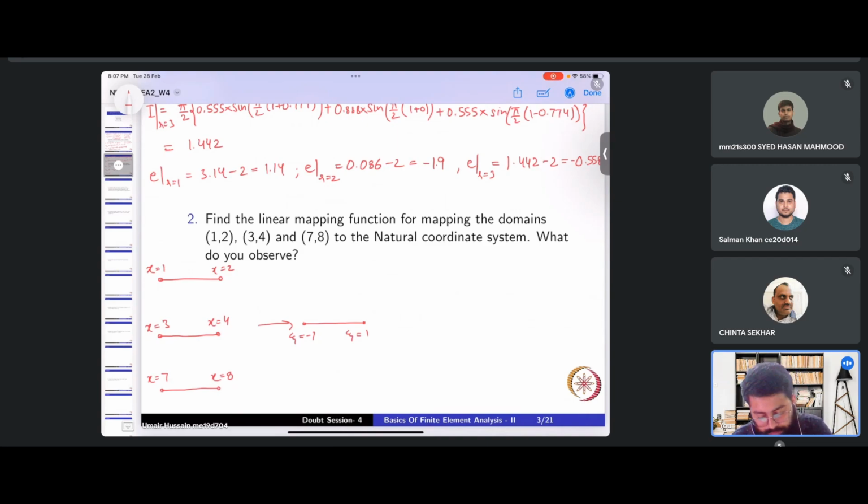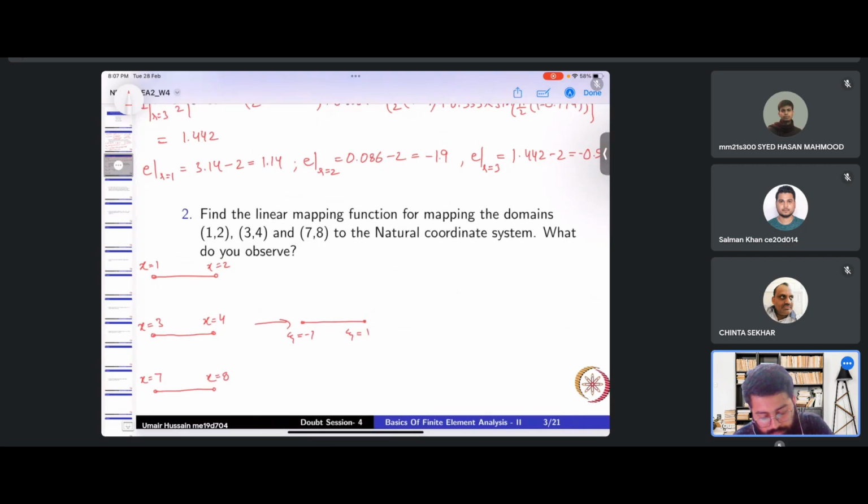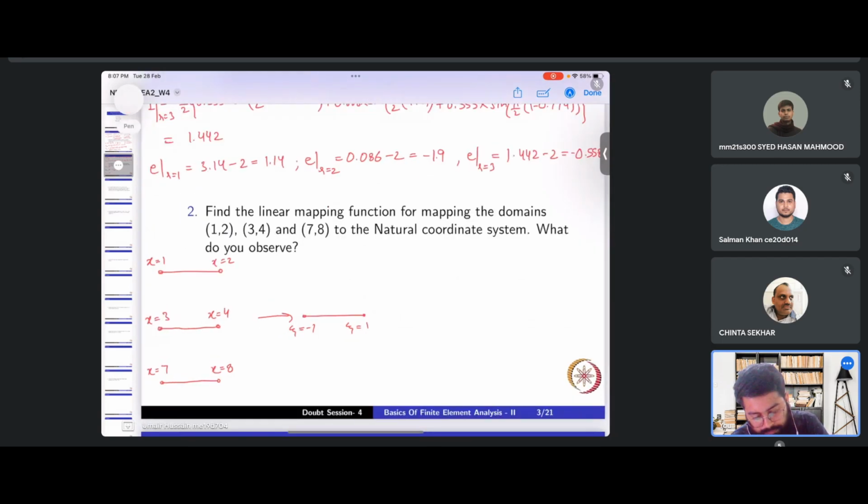So we simply assume a simple transformation function, substitute the values at the nodes and get the values. So at x equals 1 for the first case, we have zeta equals minus 1, and for x equals 2 we have zeta equals plus 1.